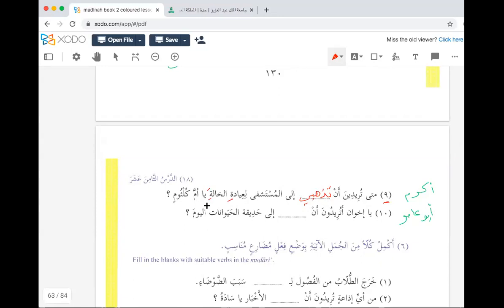Anyone help? لعيادة خالتي. Why? هذا اسم مفعول به. صح. مضاف إليه. خالتي مضاف إليه. أحسنت. يا أم كلثوم. طيب why does this have a فتحة? يا النداء. منادى مضاف. بارك الله فيك. أبو عامر.